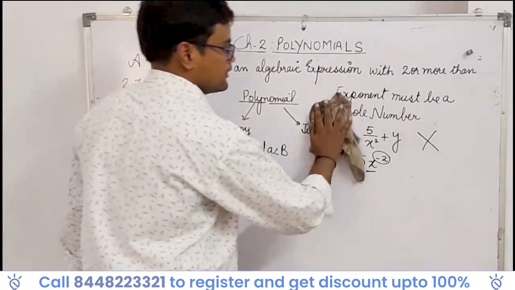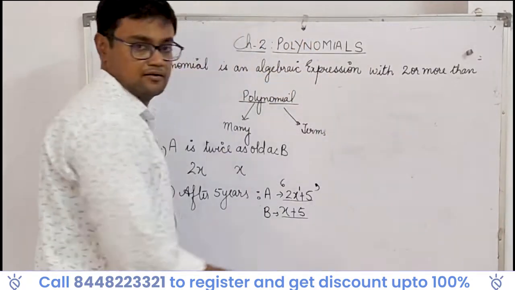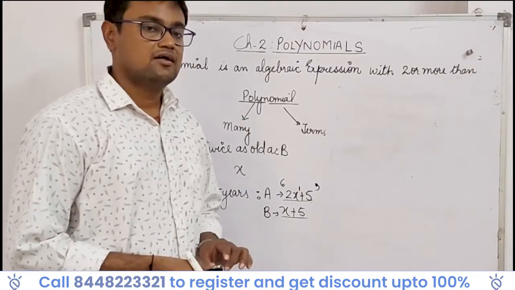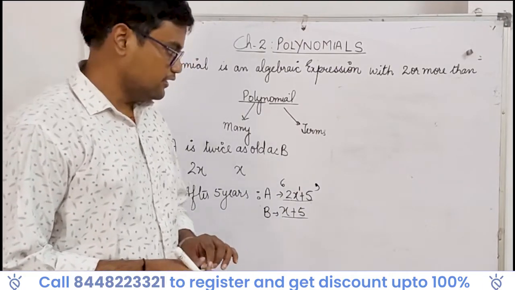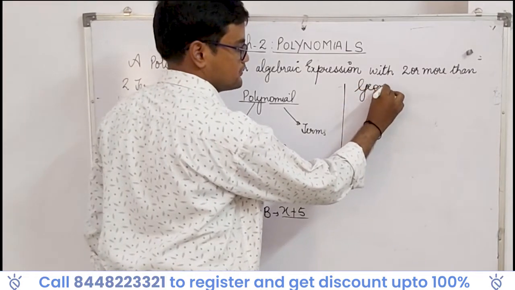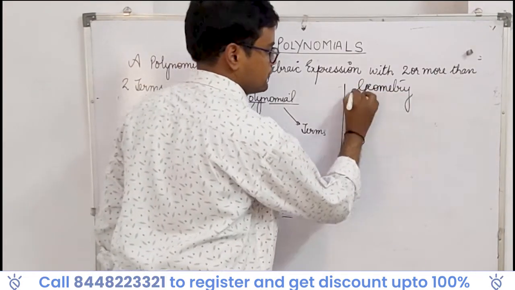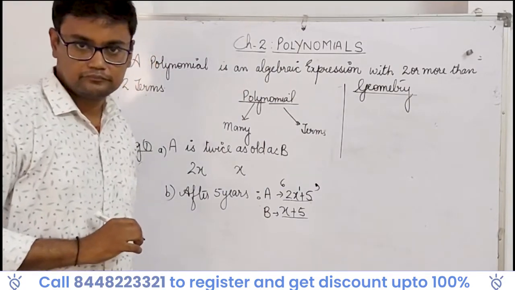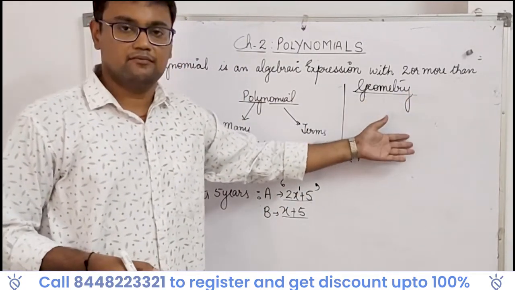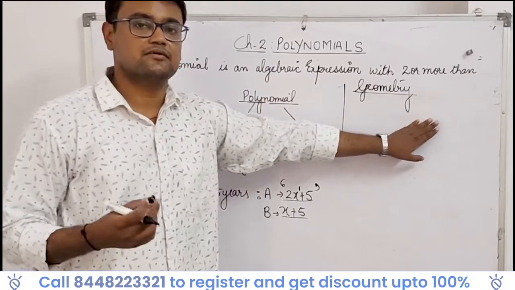So let us see one more example, children, where polynomials or their applications are studied. Let us talk about an area of maths we study from class 5, geometry. Geo means Earth, metry means measuring.